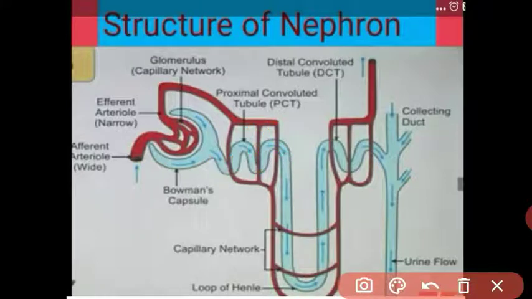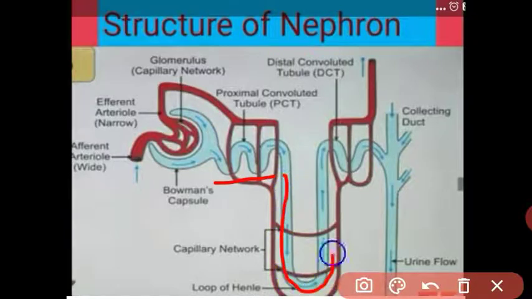This process is called reabsorption. Got it, student? In the PCT, the blood vessels absorb the important substances from the renal tubules. This process is called reabsorption.